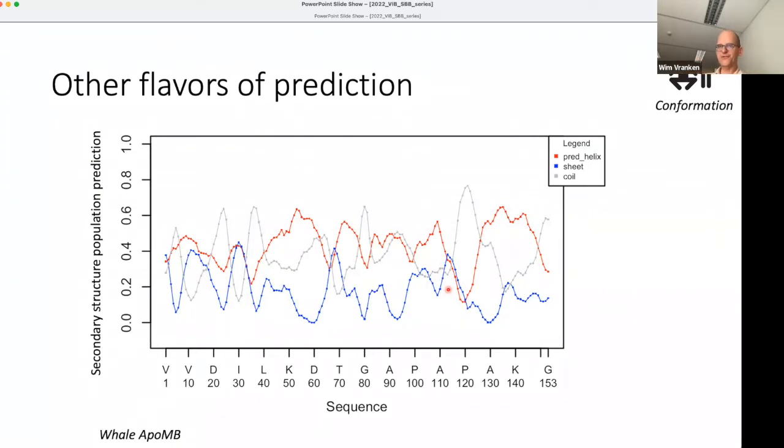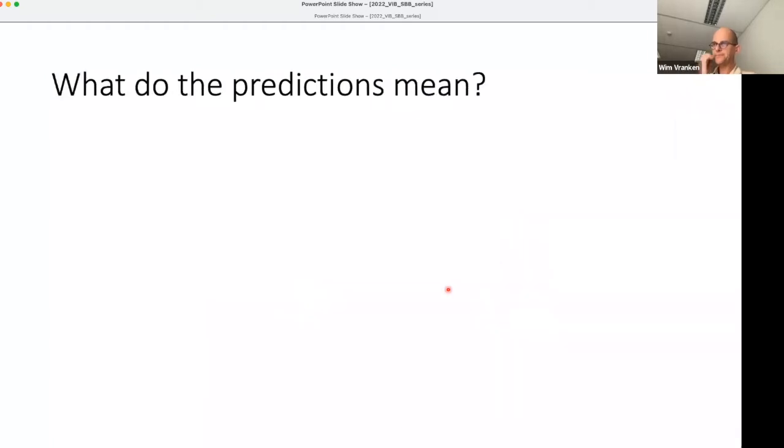This is helix, sheet, coil in the sense that this has a preference for helix, sheet, or coil as observed from the NMR data. So once you have a predictor like this, you run it on many different sequences, and you look at examples, and you think about it, and that made us really define what these predictions mean and where they come from.